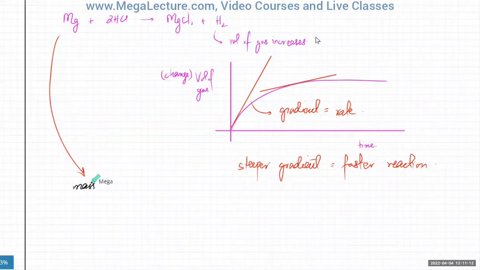What you could also have done is plot the mass of Mg, which decreases with time.